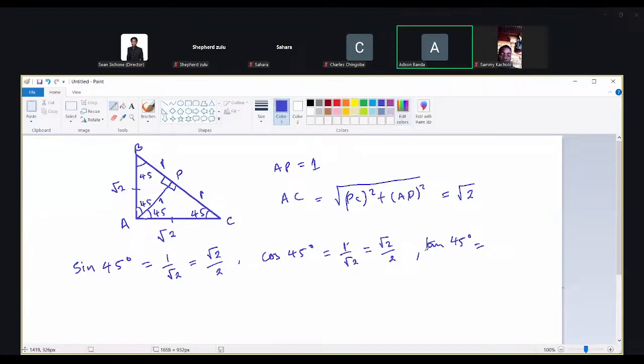So in this case, you're just going to get 1. Right, so these are the standard ratios that we have for the sine, the cosine, and the tangent of 45 degrees.